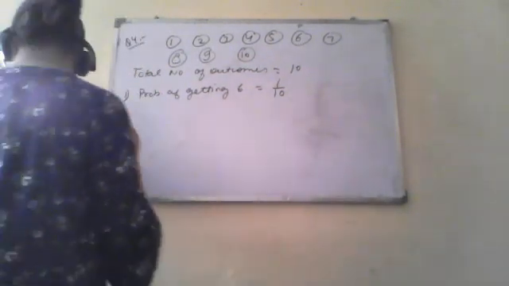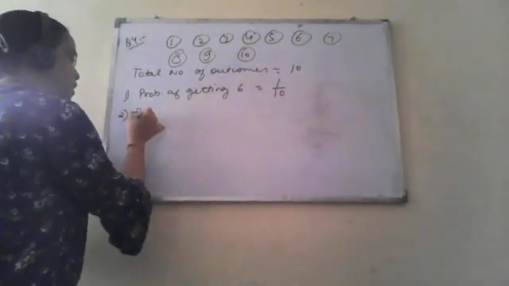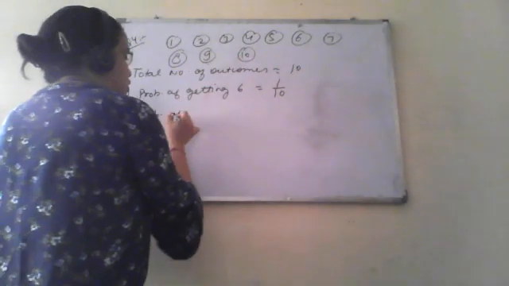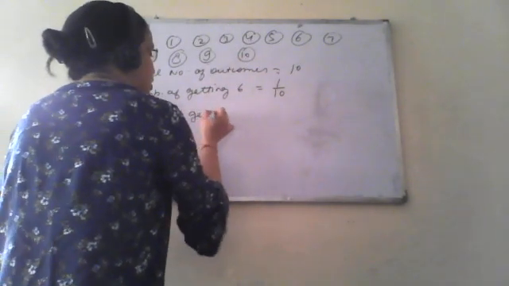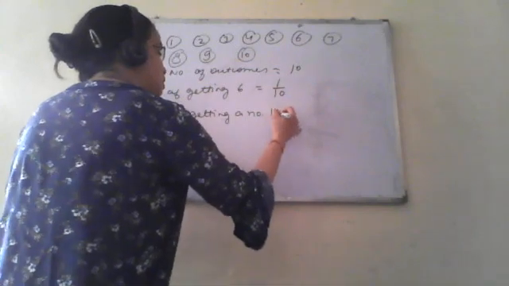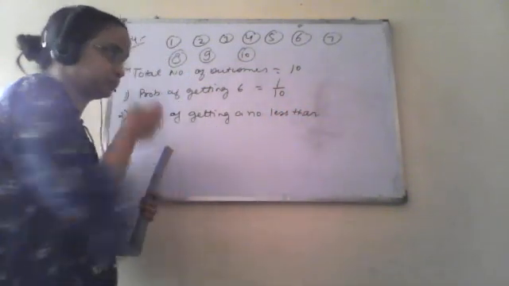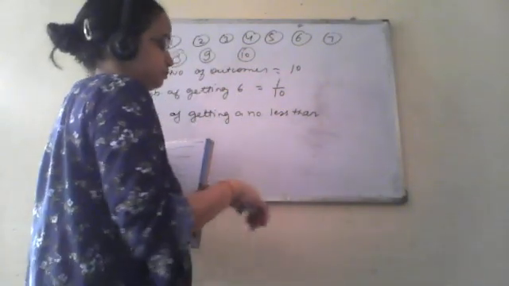Now its second part, getting a number less than 6. Probability of getting a number less than 6.